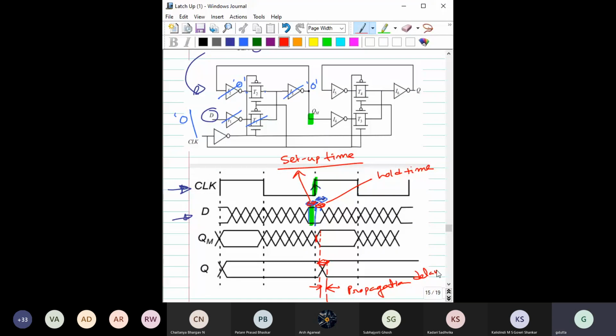So any idea then why there should be any hold time? Why does the input have to be stable even after this positive clock edge?